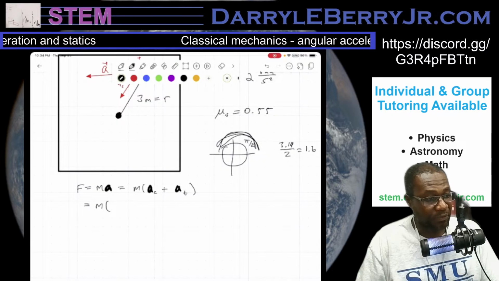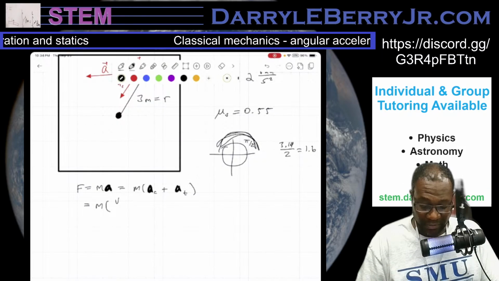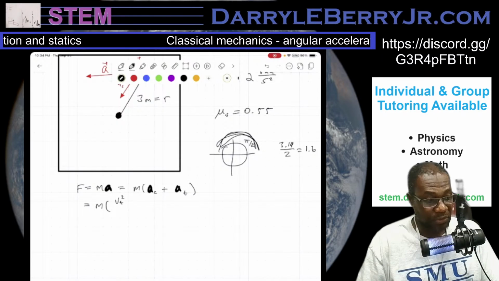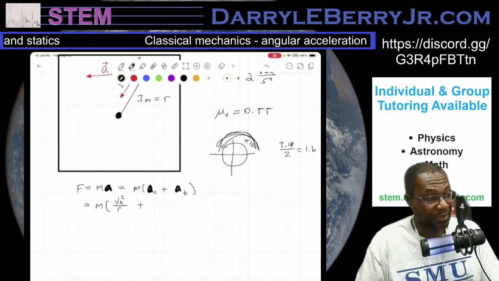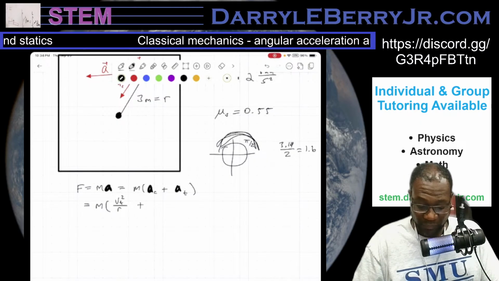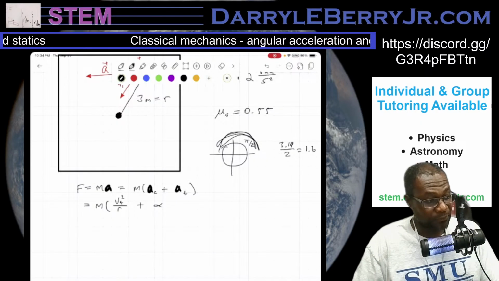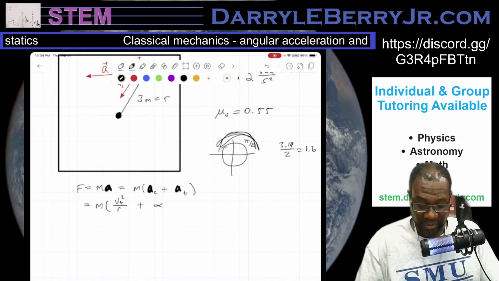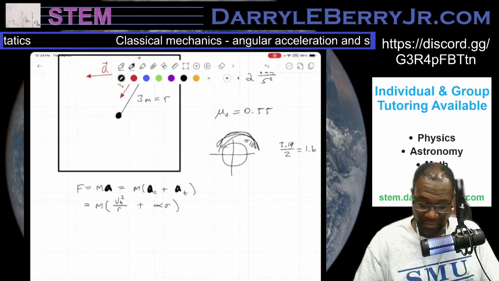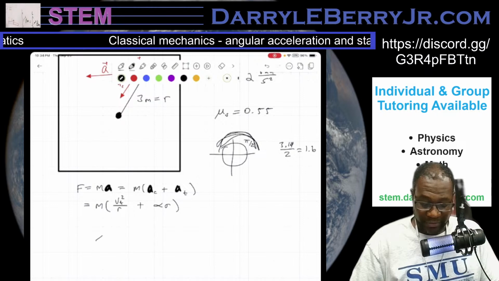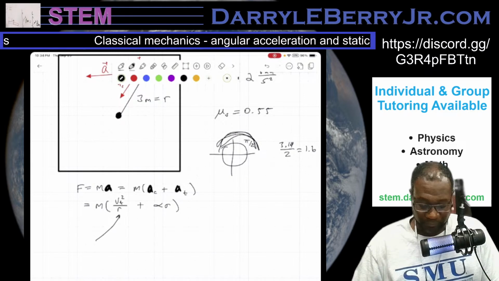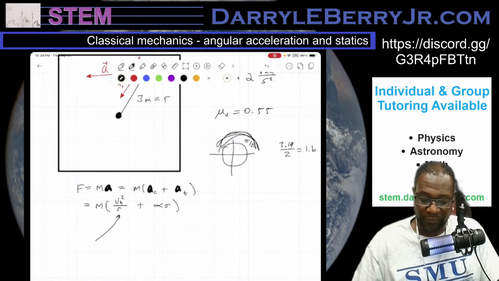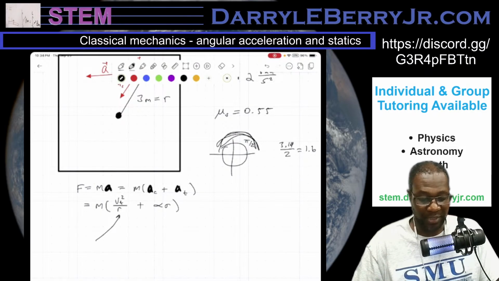So centripetal acceleration is the translational velocity squared over the radius, plus, and that's the magnitude of it, the translational is going to be the angular acceleration times r. So this, I don't remember the derivation for this, but it just comes from the angular acceleration field. I'm pretty sure I saw the derivation at one point, but I don't remember what it is.